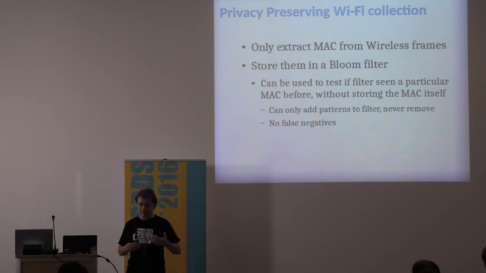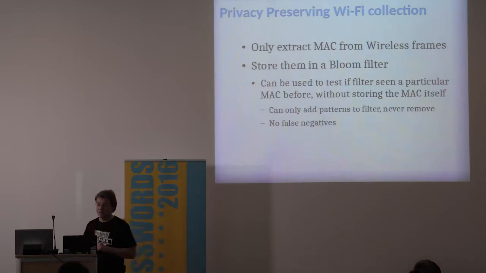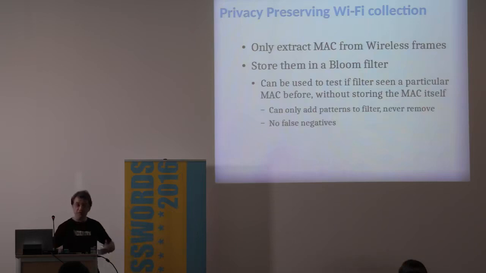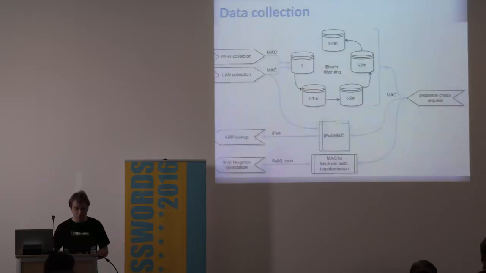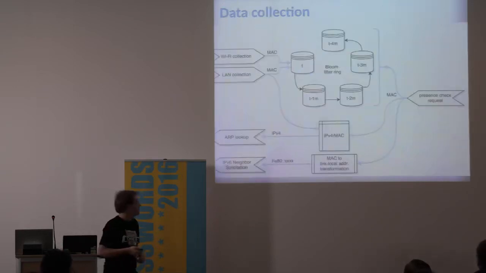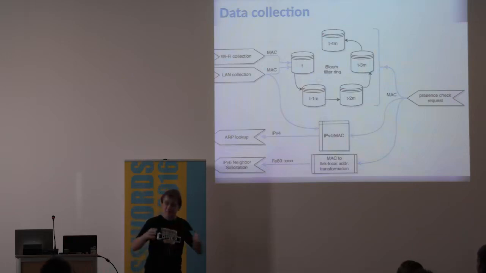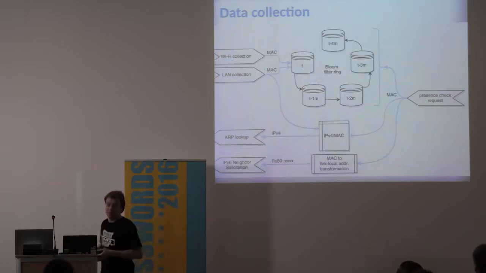we need something to expire MAC addresses that we have seen, because we want to know if there has been no activity from the phone in the last 3 or 5 minutes. So we should consider that the user has left the lab. So we use a ring of Bloom filters, and we start a new Bloom filter every minute, for example.